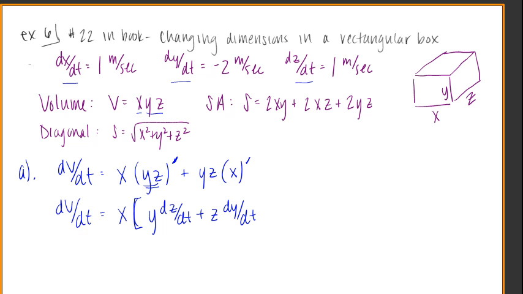And again, I'm writing these all as dy/dt, dz/dt because it's all with respect to time. And moving on to the second term, we're going to have yz times the derivative of x, which is dx/dt.